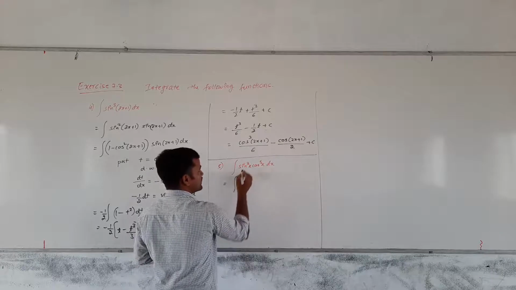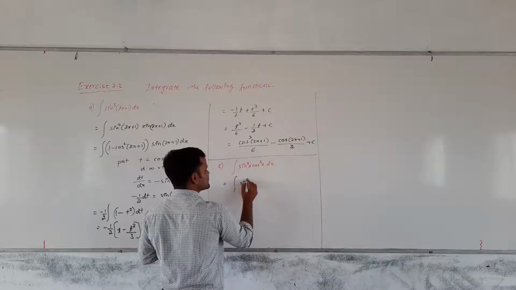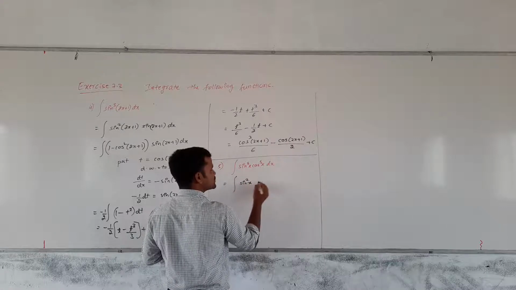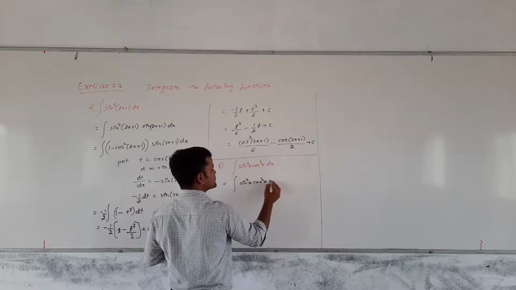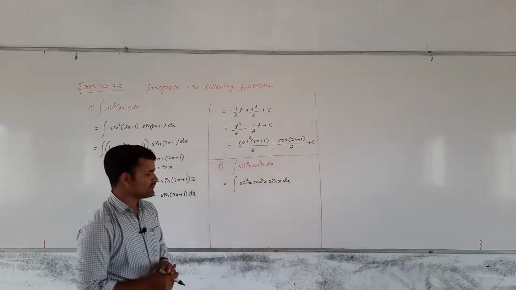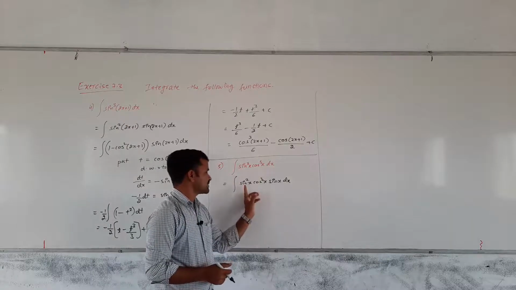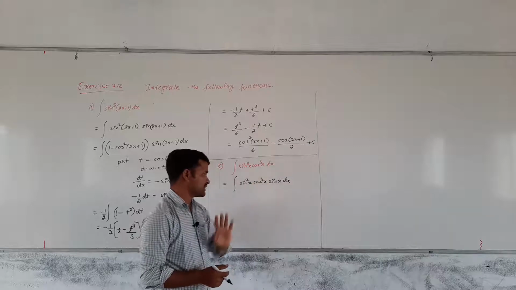This sin cube, we will write as sin square x into sin x, and cos cube x as it is, into sin x into dx. Sin cube x I am writing as sin square into sin. Cos cube I am keeping as it is.